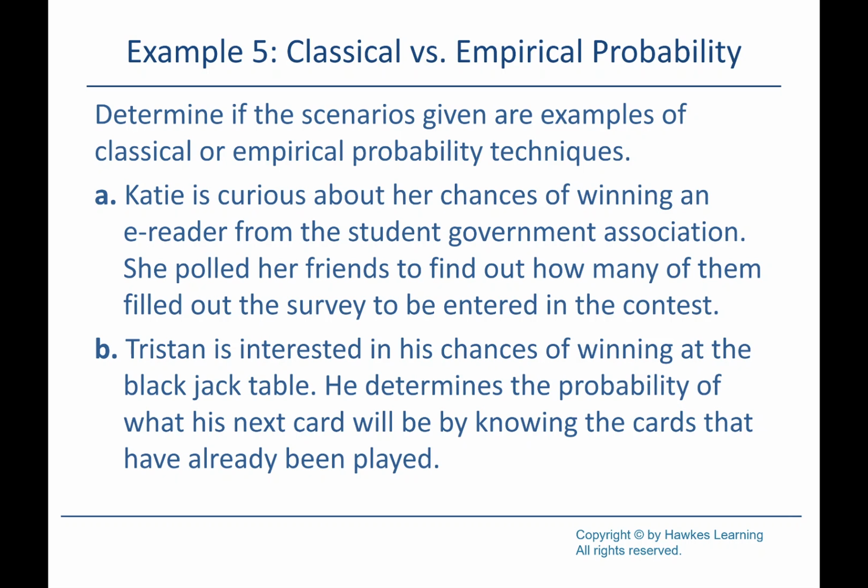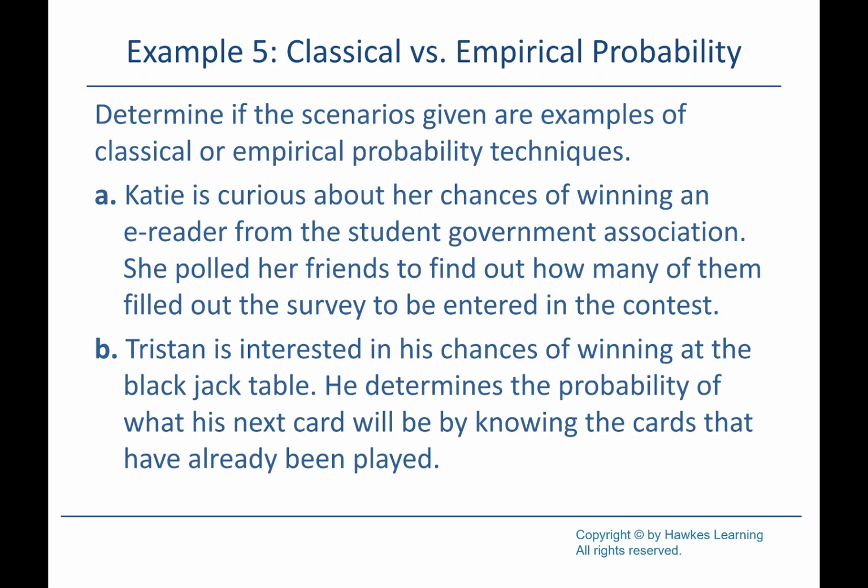So A says Katie's curious about her chances of winning an e-reader from the Student Government Association. She polled her friends to find out how many of them filled out the survey to be entered in the contest. So this one's not going to be classical because, let's think about it this way. In order for it to be classical probability, she would have to know how many people total filled out their survey.